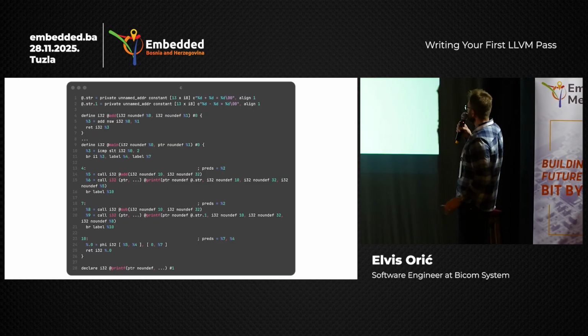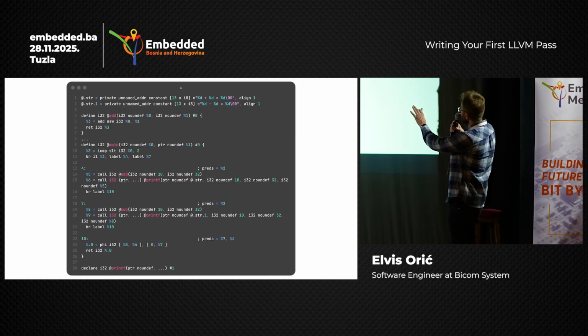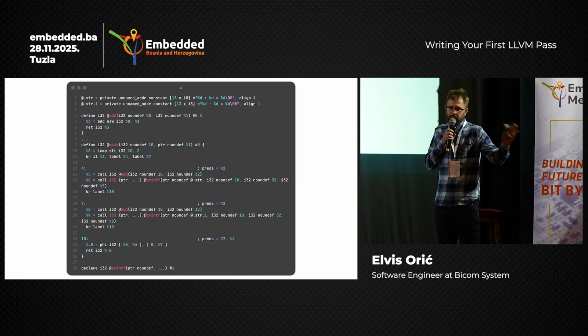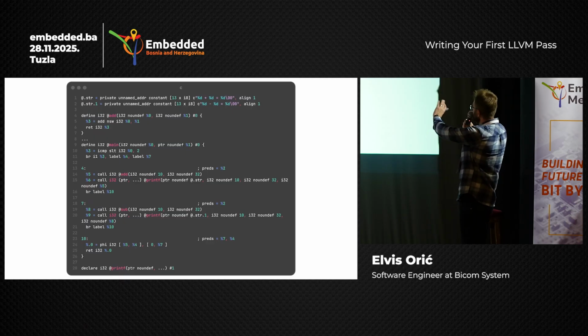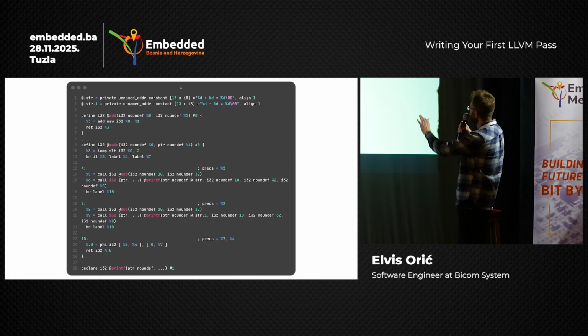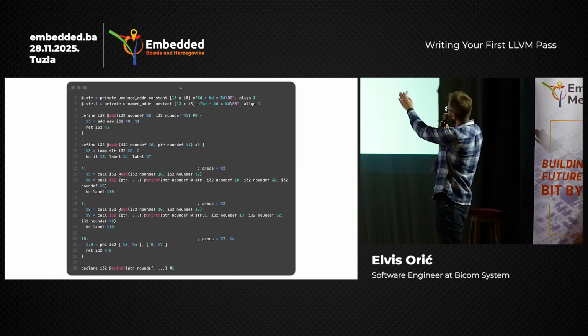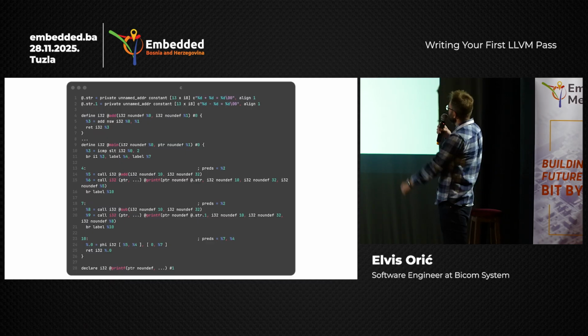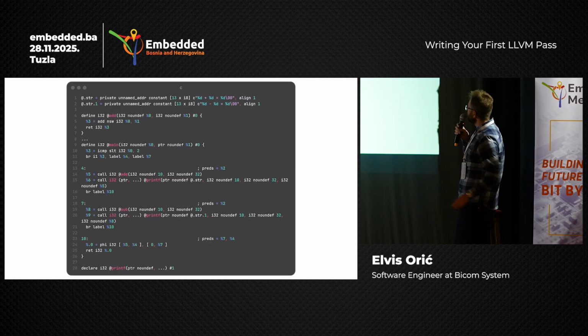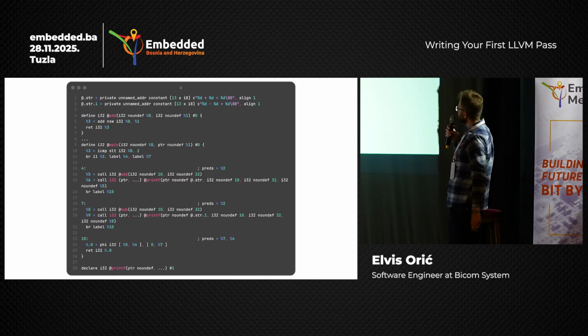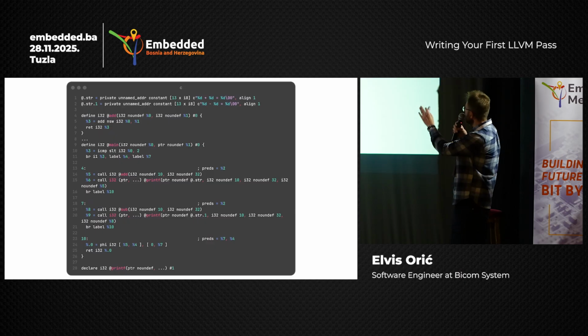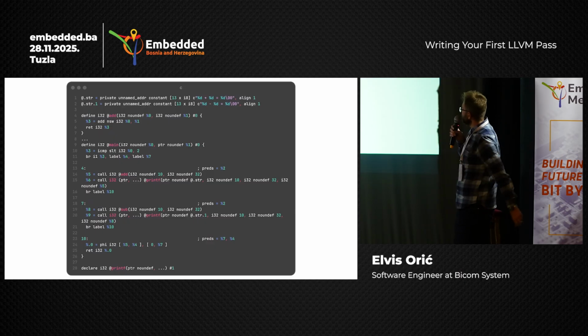You can mostly ignore it, but it's similar to assembly, actually people call it platform independent assembly. If you focus on the add function, you will see there's an add instruction on the fifth line, and then we just return the result.